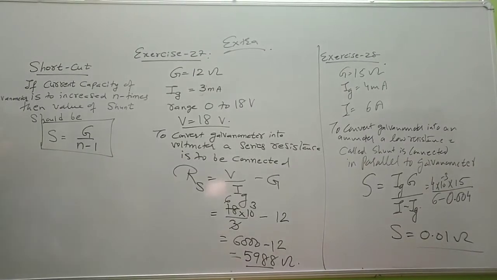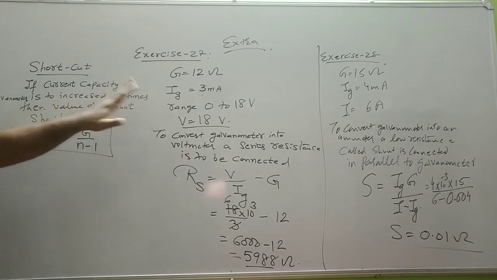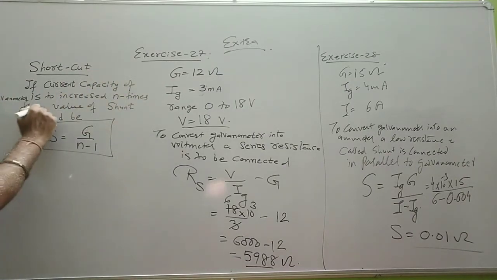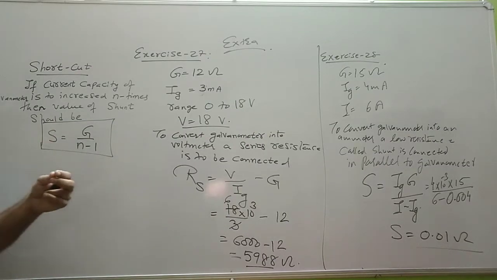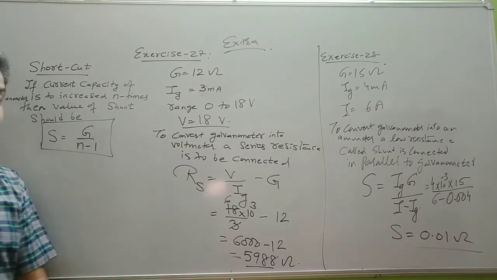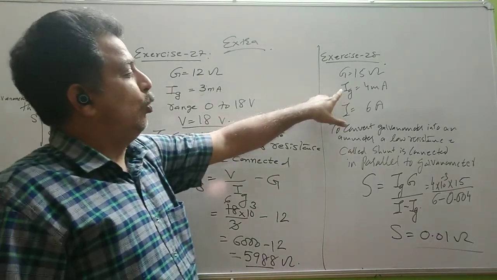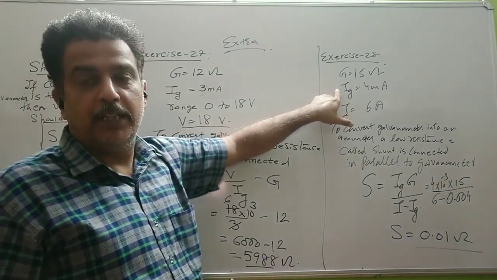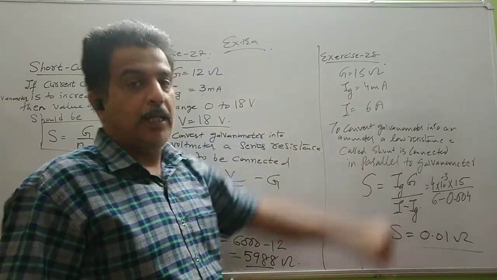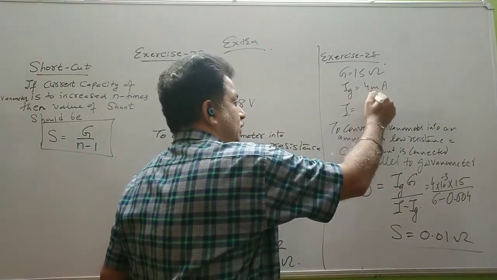Now let us see our shortcut formula. If the current capacity of the galvanometer is to be increased n times, then the value of shunt should be G upon n minus 1. Let us take this example. The original capacity of the galvanometer is 4 milliampere and you have to increase it to 6 ampere.